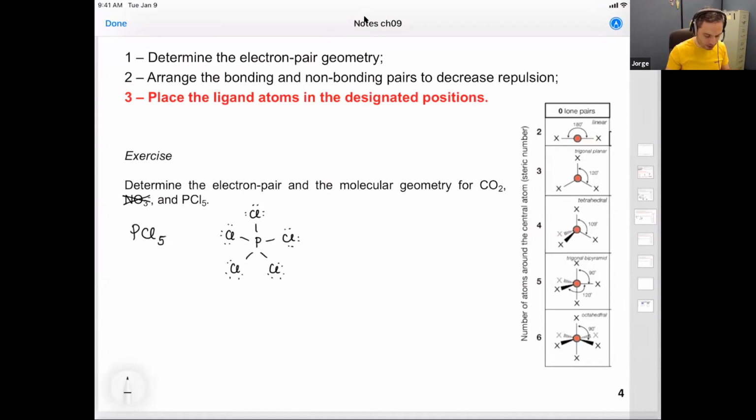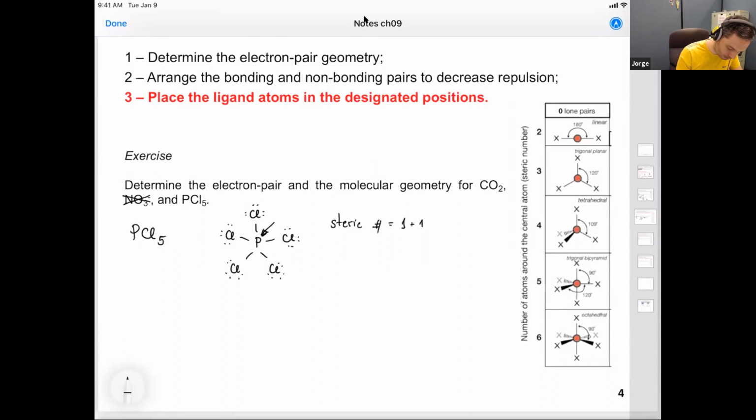Okay, so now that we know the Lewis structure for the compound, the first step towards the determination of the electron pair and the molecular geometry is the determination of the steric number around the central atom. Okay, so always looking around the central atom. Each single bond contributes with 1 unit to the steric number.